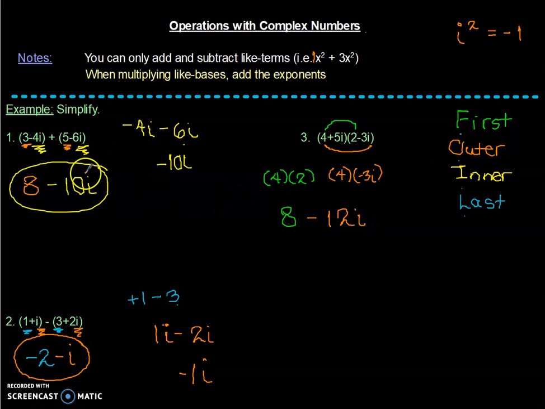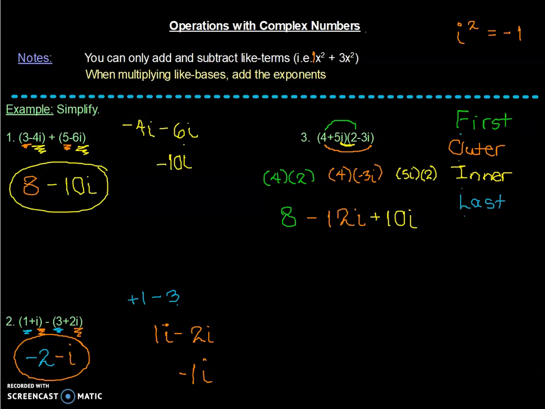So only when you're adding and subtracting do you have to add and subtract like terms. Color coordinating still, inner, the 2 on the inside would be 5i times 2. So 5 times 2 would give me +10 and then bring down the i.